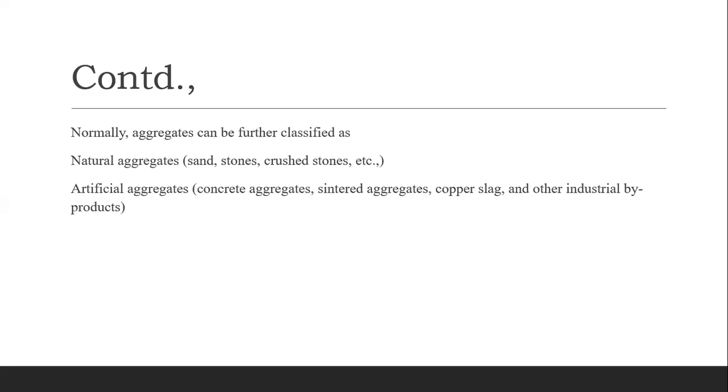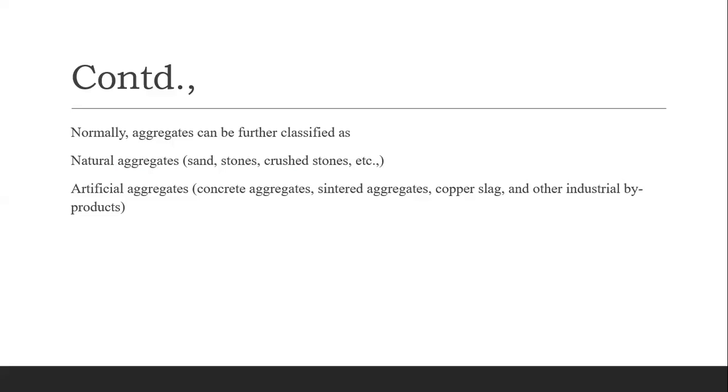other industrial byproducts. Concrete aggregates, in the sense, after the service life of a building is completed, the concrete is demolished, crushed and processed to make the aggregates. That type of aggregate we call concrete aggregates. Sintered aggregates means loose powders are compressed at a high temperature, forming a solid mass. That type of aggregate we call sintered aggregates.